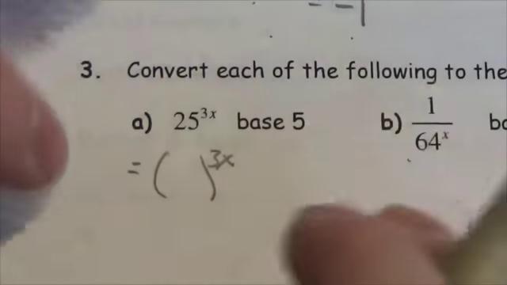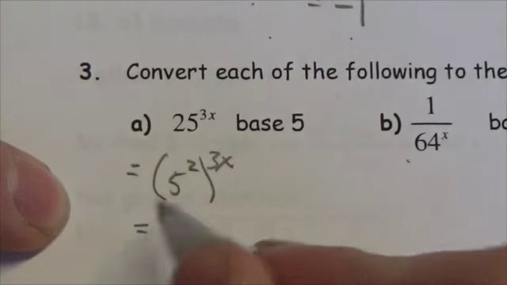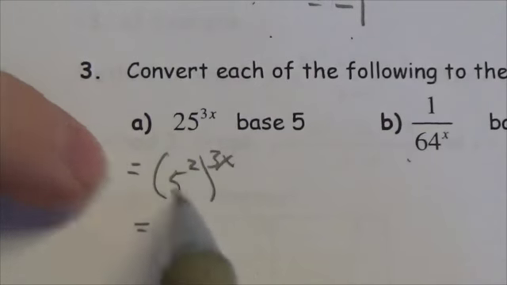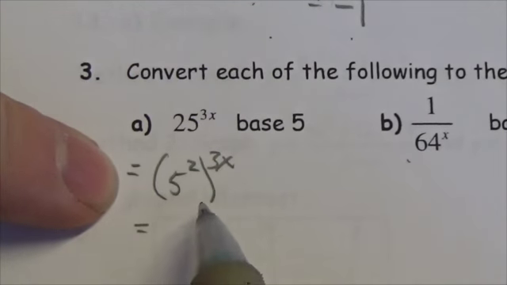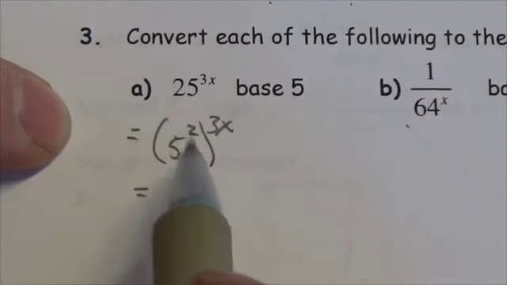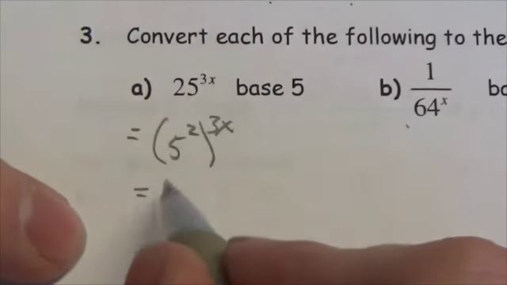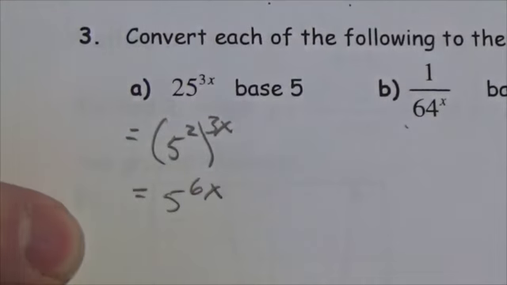That is going to happen kind of outside the work I'm going to do here. I'm going to replace 25 with 5 squared. So this is still exactly the same as the expression just above it here. So 25 to the 3x is the same as 5 squared to the 3x. And now that I've got a power of a power, I know that I'm going to multiply the exponents together, and this will become 5 to the 6x. That's what they're looking for.